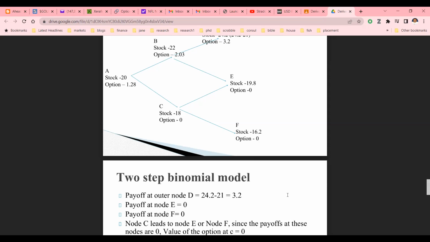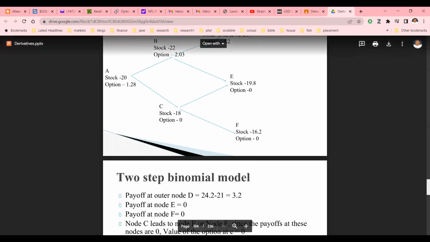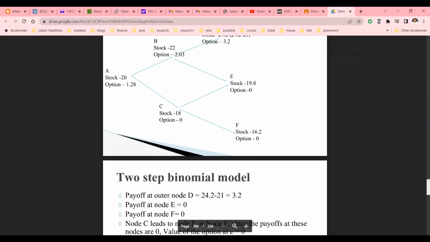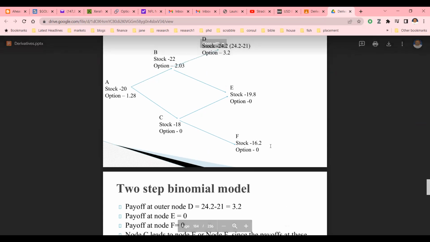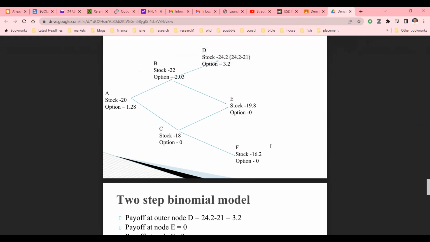Yes, no? Students, are you there? Yes, sir, we are there. Are you understanding how the values at D, E, and F are coming? If no, please say no. No, sir. Okay. I'm sorry.